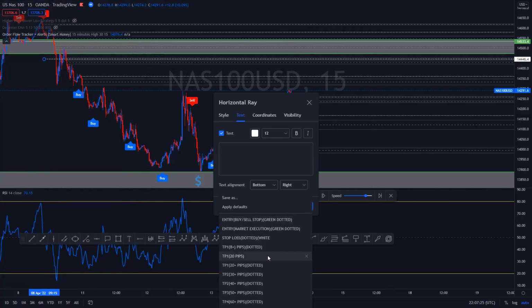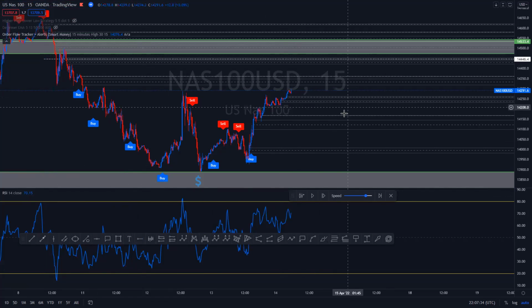So let's see. Once I figure this out, I like to take the horizontal ray and mark up all the imbalances so that I can see them, because these are going to be my take profit points. So this will probably be my take profit 1 and 2.